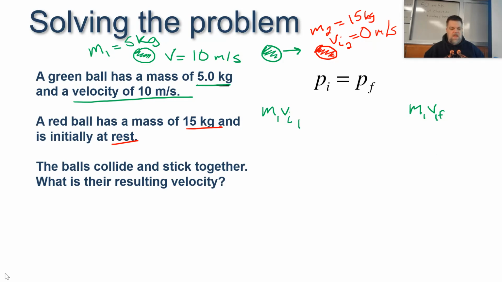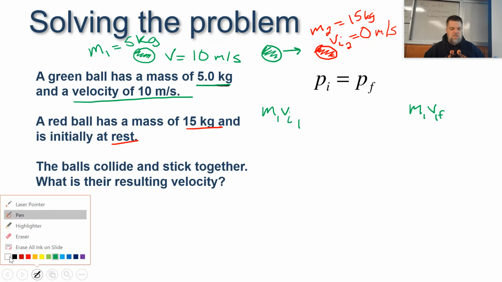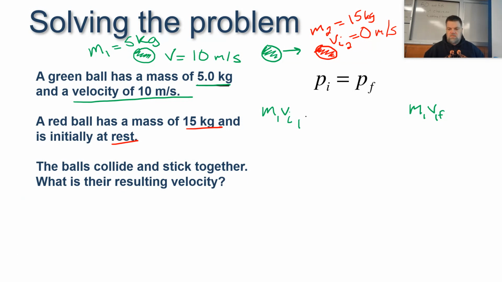I think I wrote that backwards, but you get the gist. And then we do the same thing with the red ball. We have the mass of the second object times the initial velocity of the second object. And over here we have the mass of the second object times the final velocity of the second object.